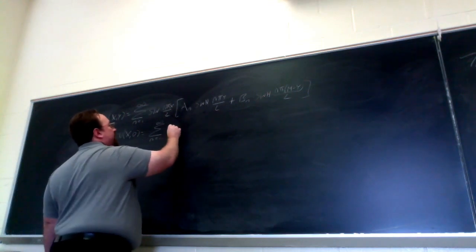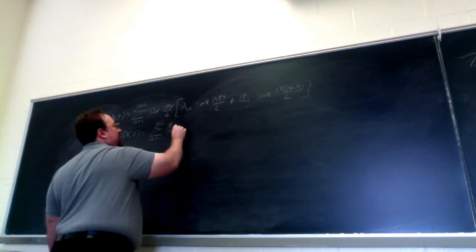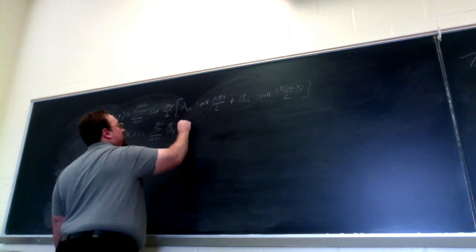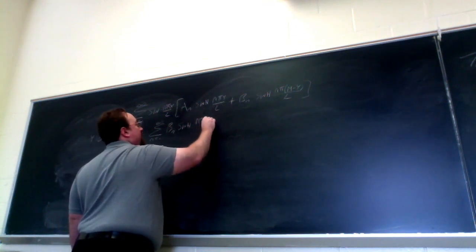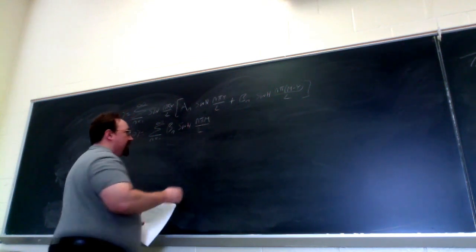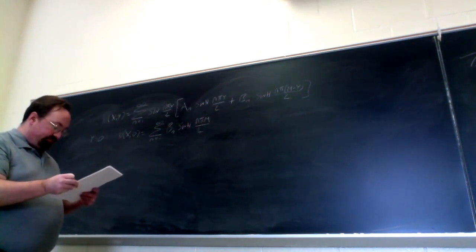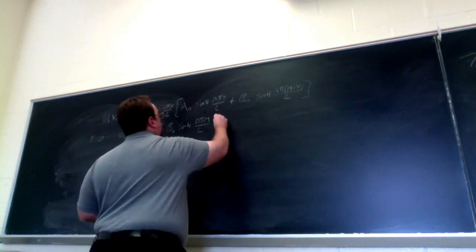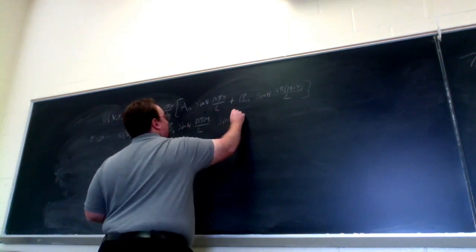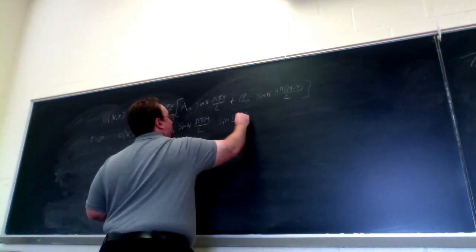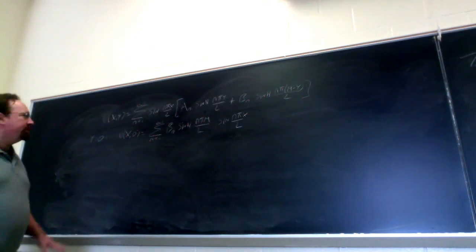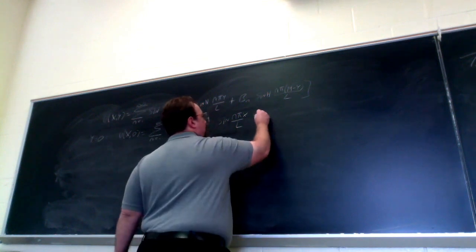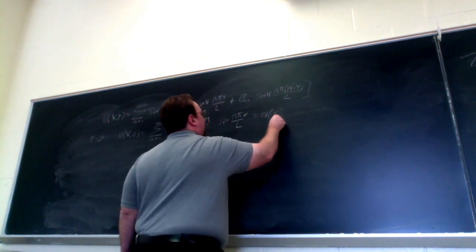So now I'm going to have b_n sinh(n pi m over L) times sine n pi x over L. Okay, and this is supposed to equal a function on the lower boundary, a of x.